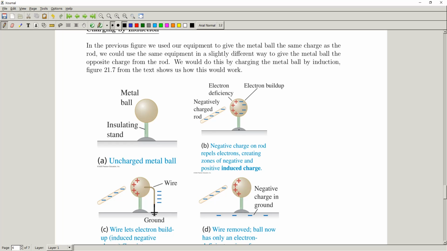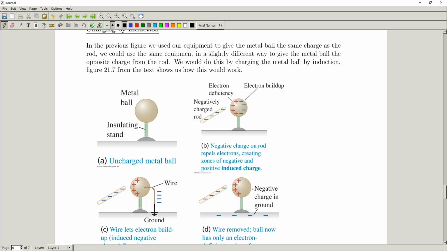And so what if at this point we were to connect a wire to this ball and then ground the wire? The wire would then connect to the ground. Well, these negative charges would whiz down the wire and end up in the ground, right?